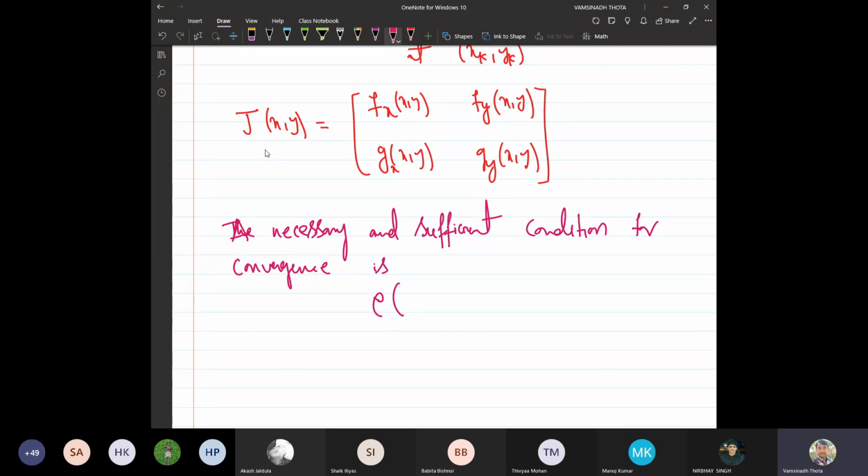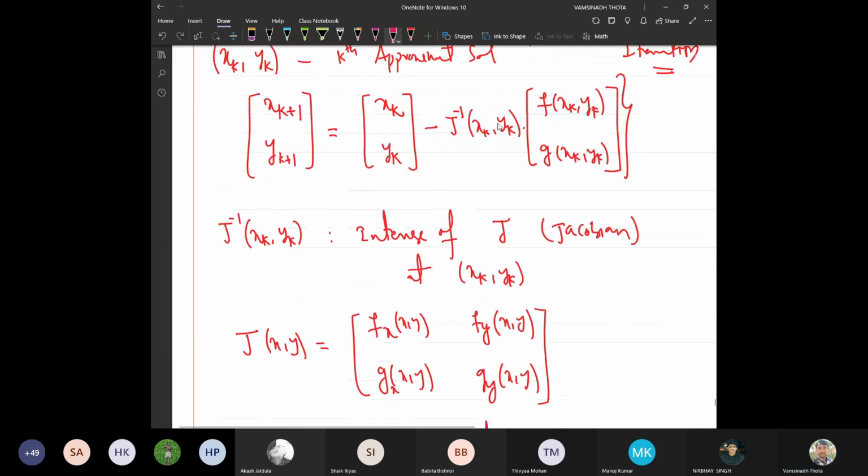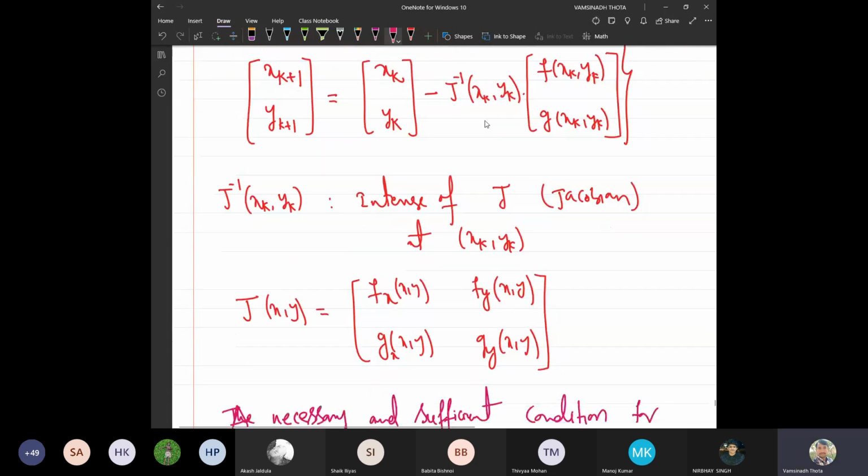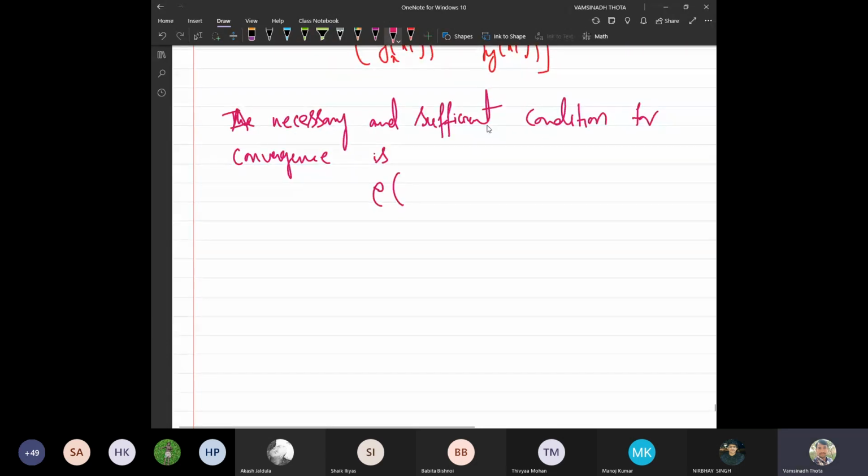What is the iteration matrix here? Not the Jacobian, but the inverse of the Jacobian. So the spectral radius of the inverse of the Jacobian matrix at the point xk and yk should be strictly less than 1.